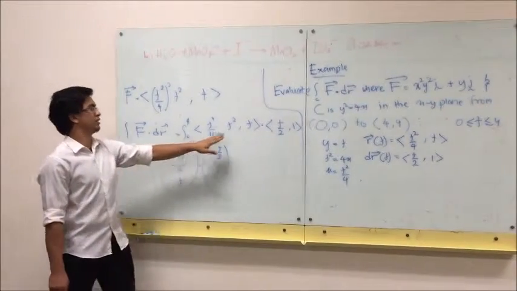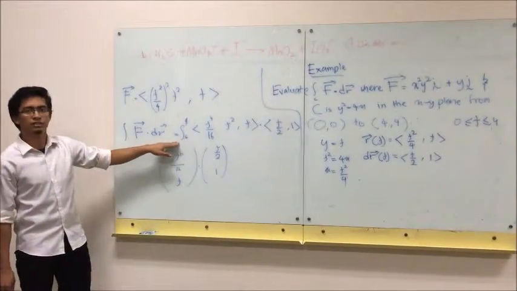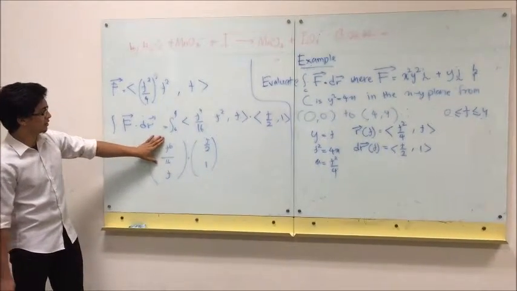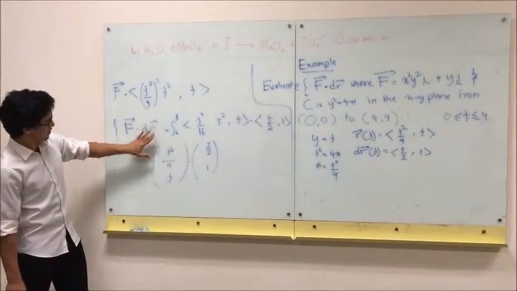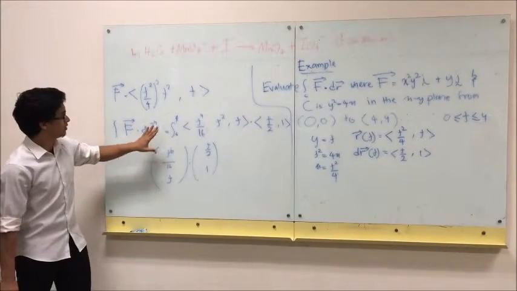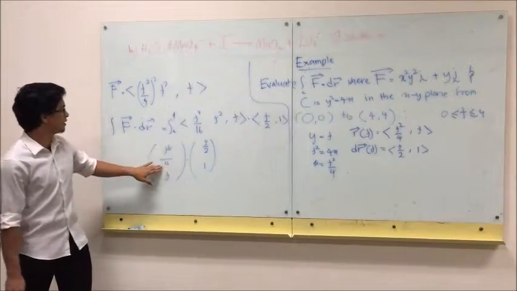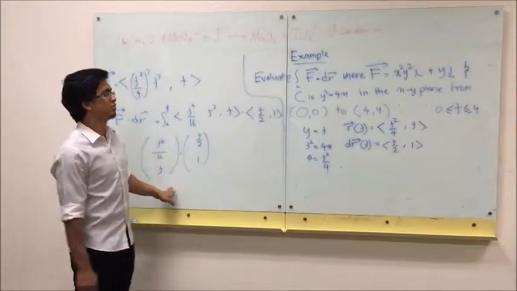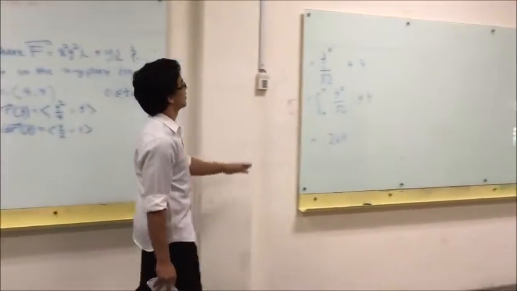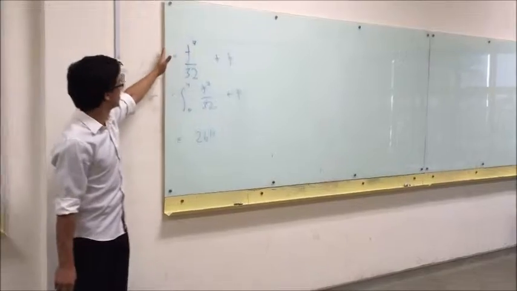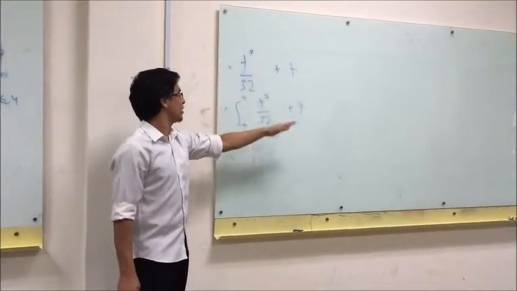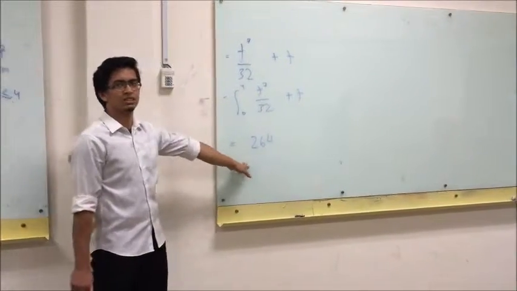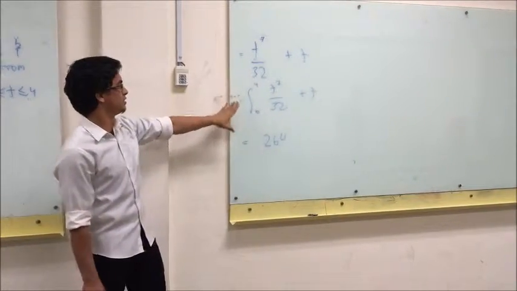So we will get this equation. Then we will do the dot product. The t to the power 4 over 16 will be multiplied with t over 2, and t will be multiplied with 1. So this is the result. It will go on to further integration and you will see the answer.